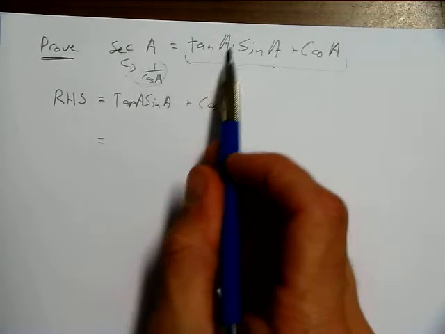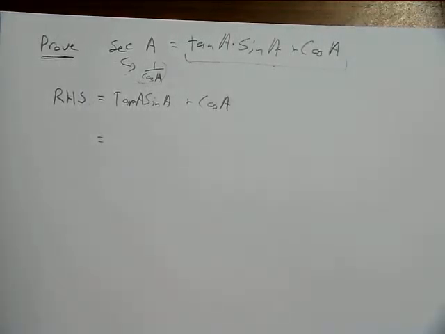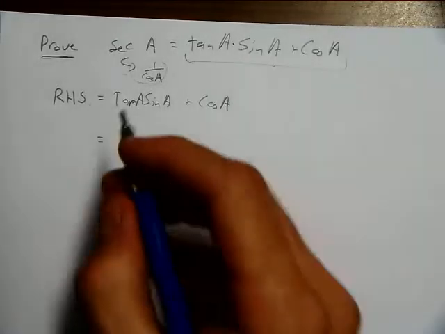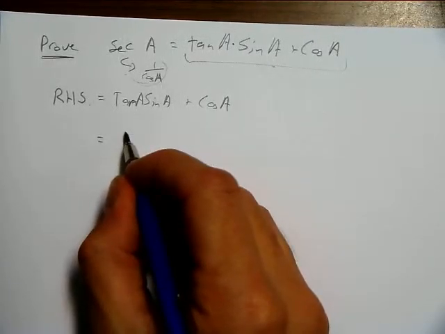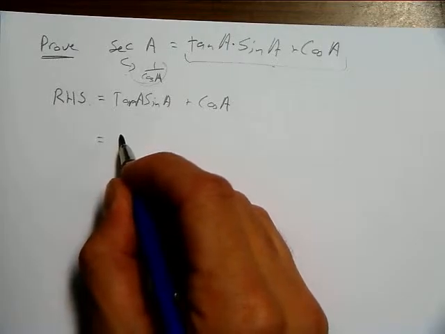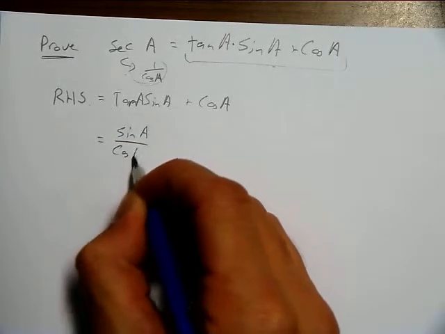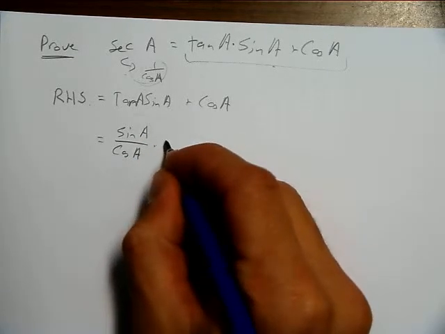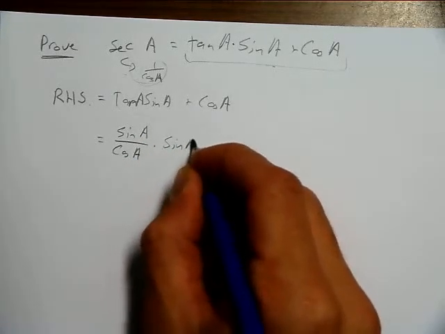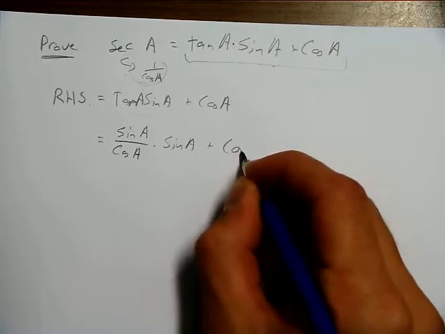So a tan sort of sticks out like a sore thumb there. Can we do something with that tan? Tan is sin on cos. So we have sin A on cos A multiplied by (sin A plus cos A).